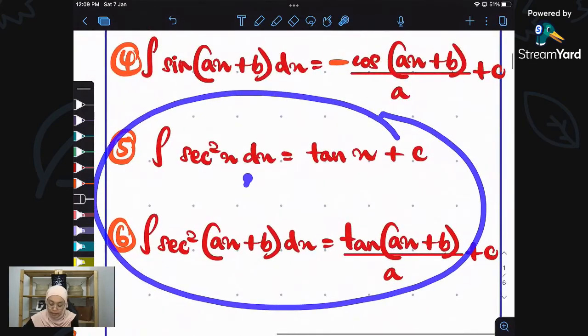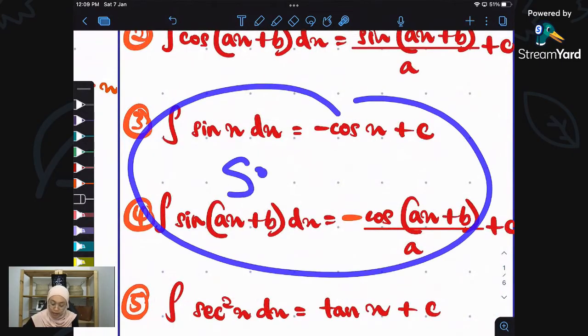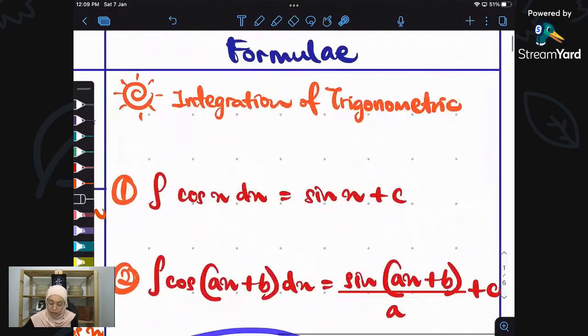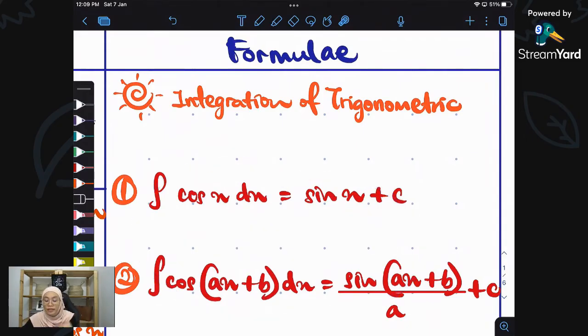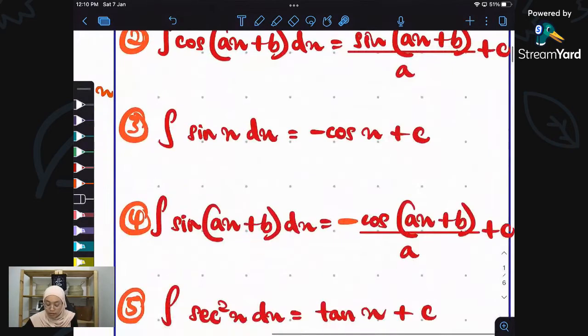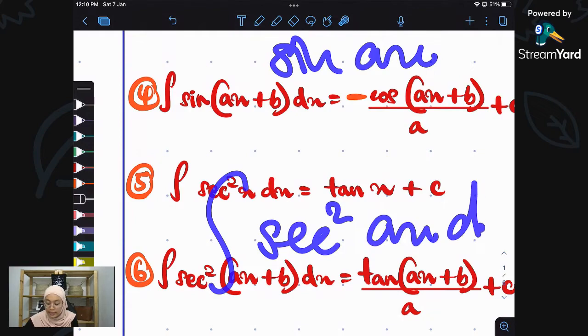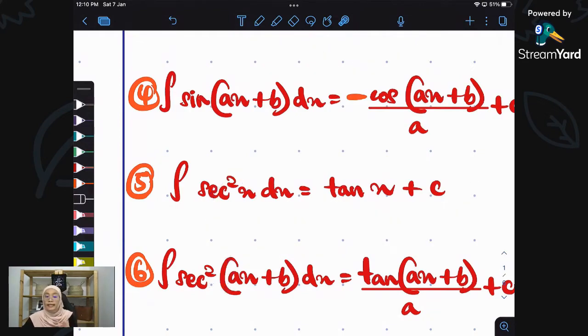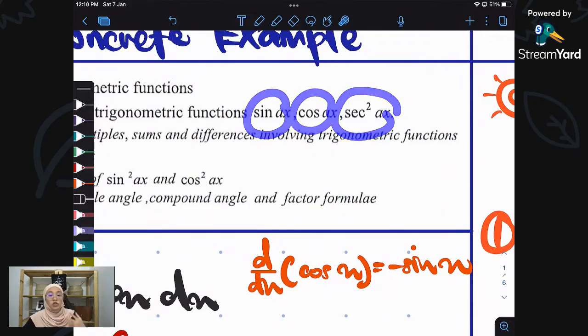So this group is secant squared ax, this group is sine ax, and this group is cos ax. So there are only three groups of integration for trigo, which are cos ax, sin ax, and secant squared ax. Only these three you need to memorise. There is no integrate tangent in this formula. Only three, because in our LO it says there are three, which are sin ax, cos ax, and secant squared ax. So only these three formulas you need to memorise.